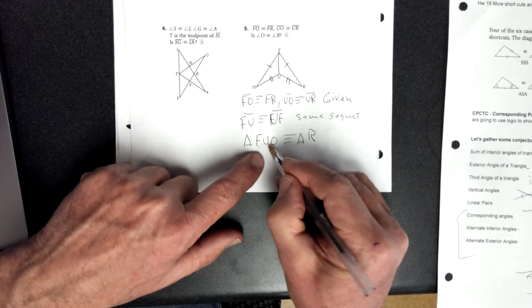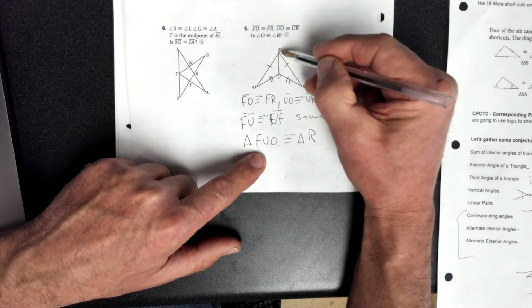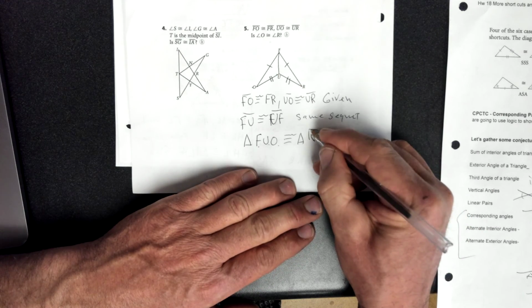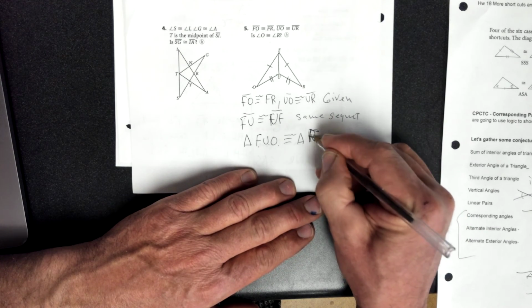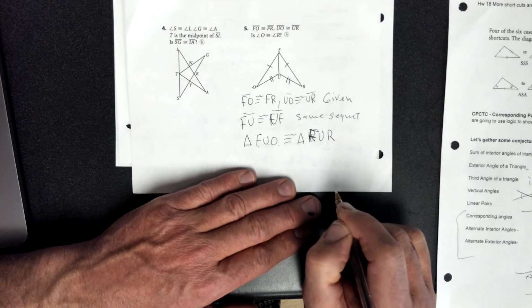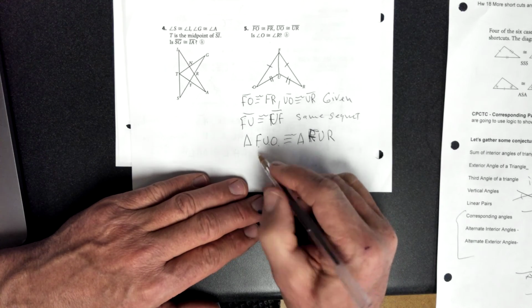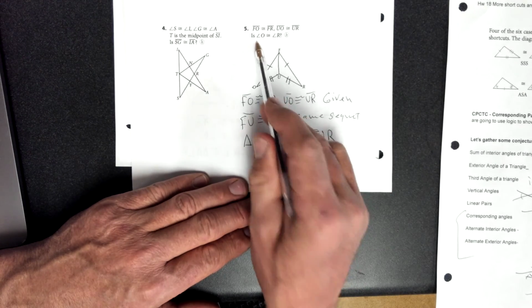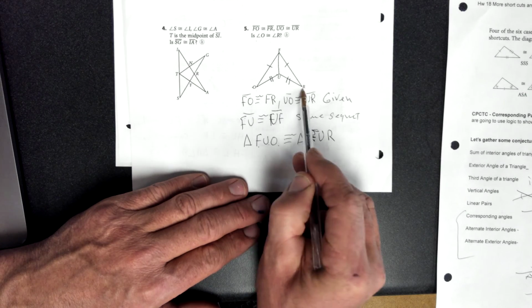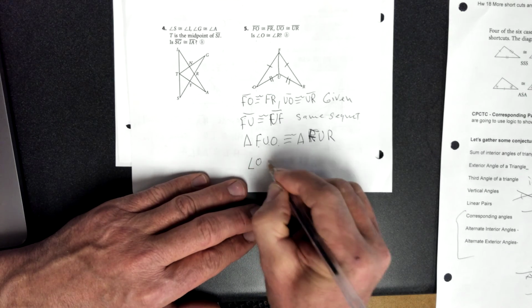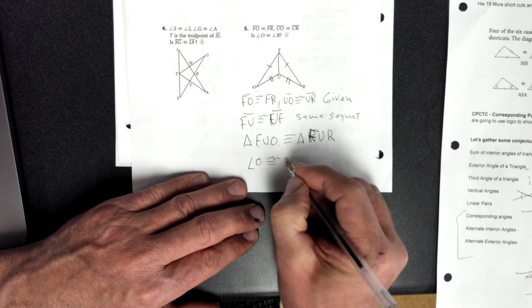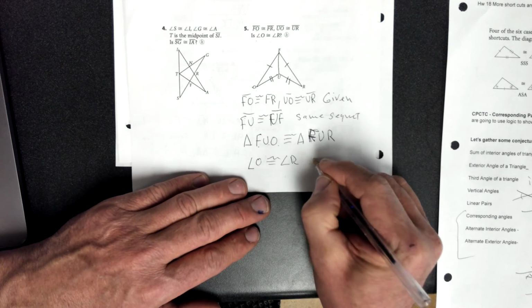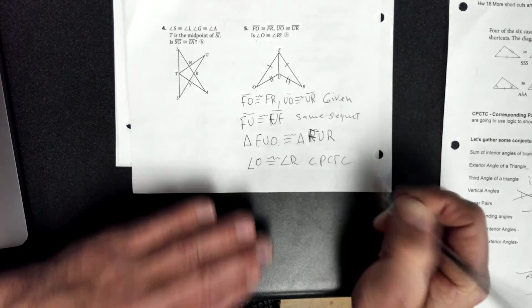Notice that I wrote FUO, so I'm going to write FUR. And so then I can say that whatever part, U and R, here are O and R, so angle O is congruent to angle R because of CPCTC.